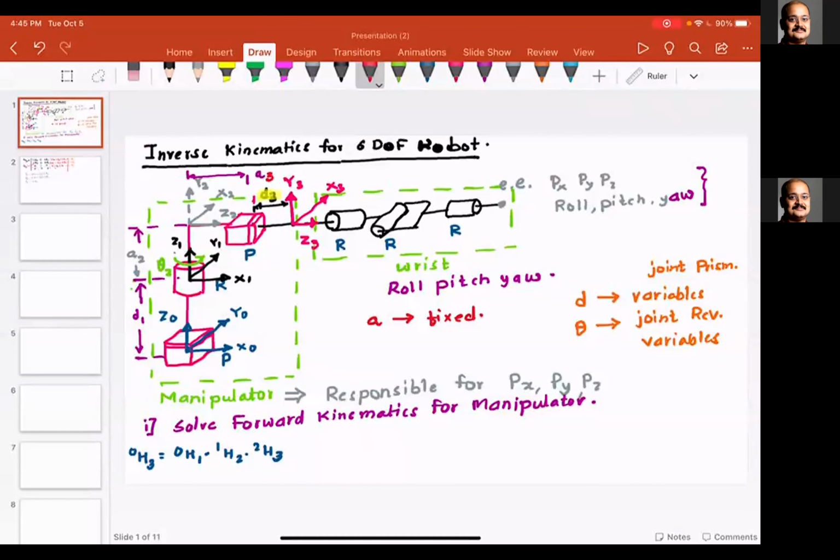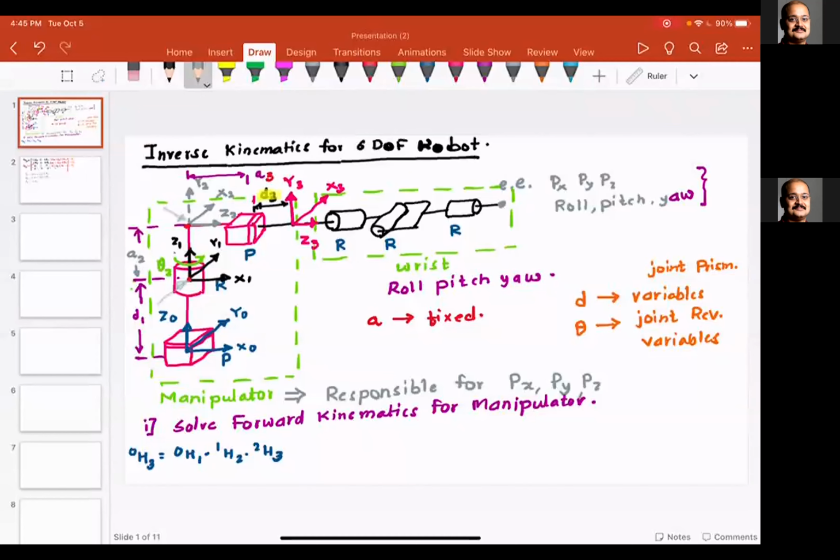If you look at the revolute joint, the revolute joint variable is theta 2. The distance between these two points that I am highlighting does not change. That's why I'm treating that as A2.